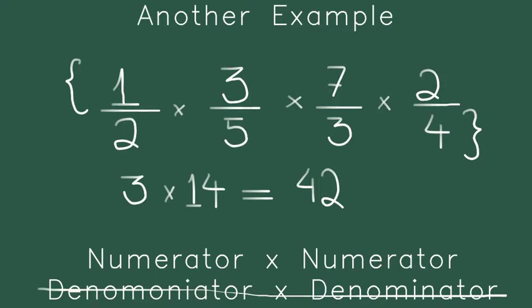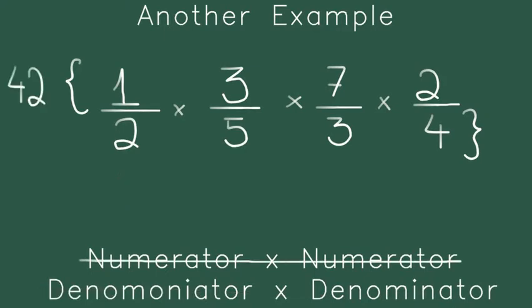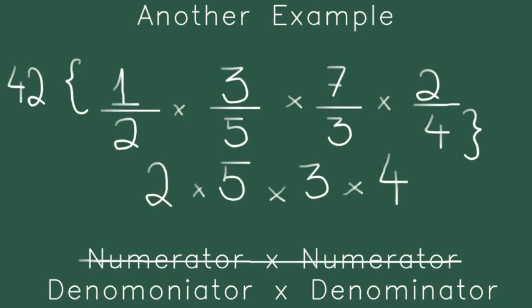Now we put this answer over onto our resultant side. Okay, so this is going to be the numerator of our result, and now it's the turn for us to do the denominator side. Now let's take out the denominators and let's try to solve this. 2 times 5 is equal to 10, and 3 times 4 is equal to 12.